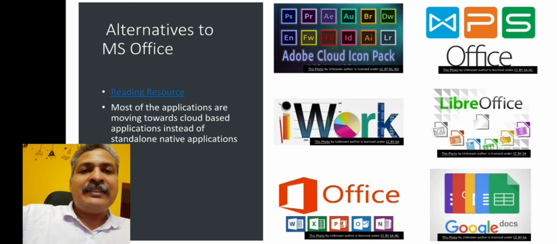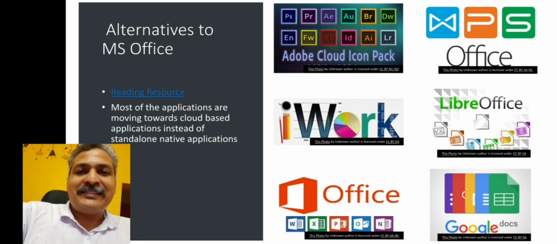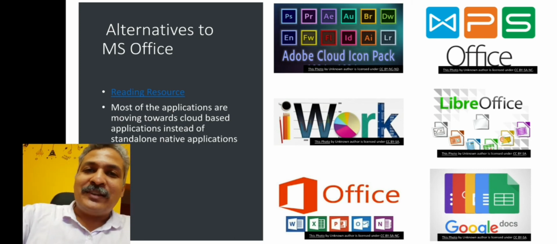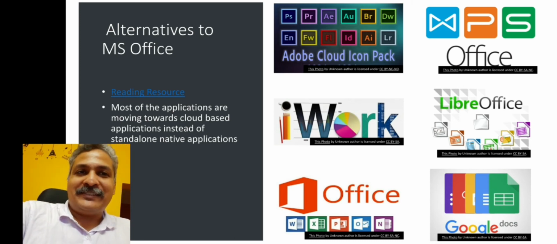The structure and the layout of all these applications are so similar to Microsoft that a user who is familiar with Microsoft would find it very easy to use the WPS Office as well. And the fact is that it is a bit cheaper than Microsoft MS Office applications.